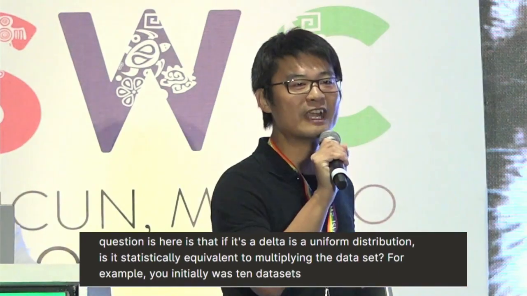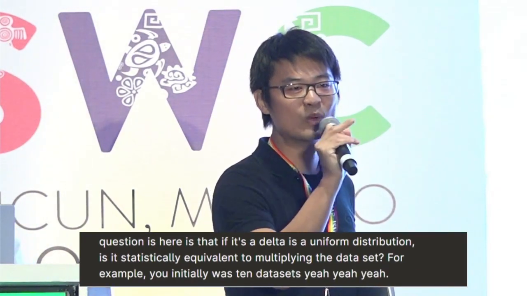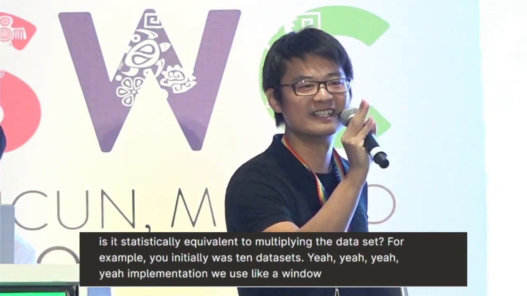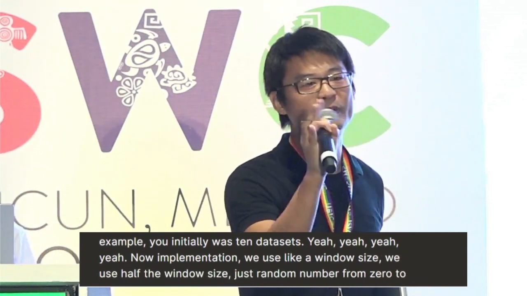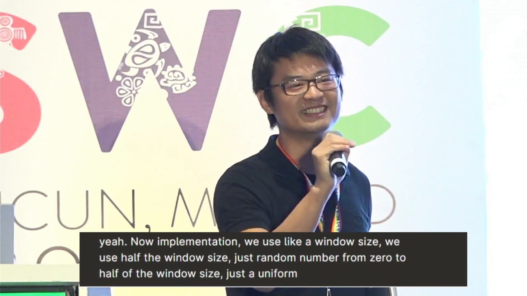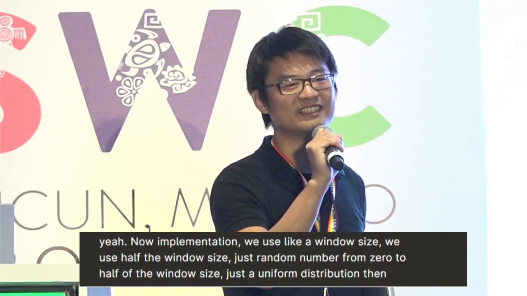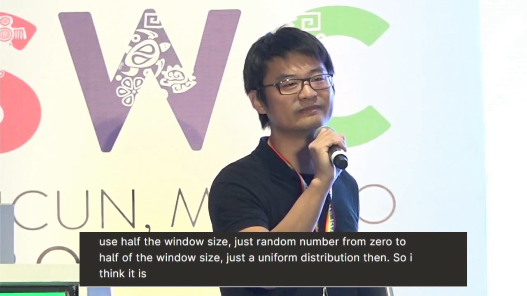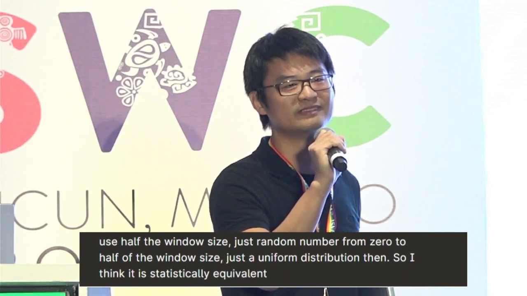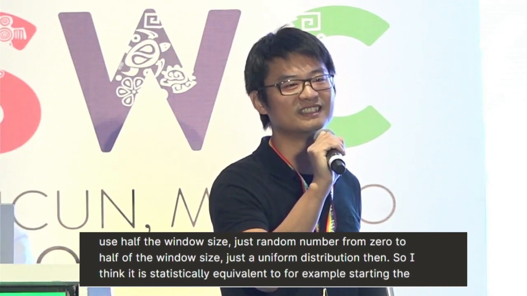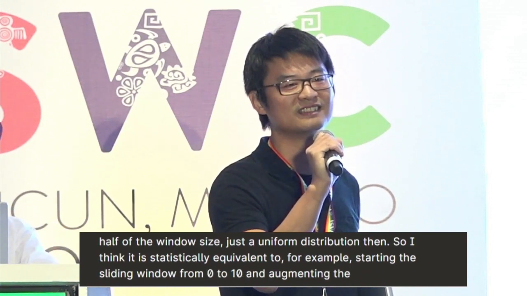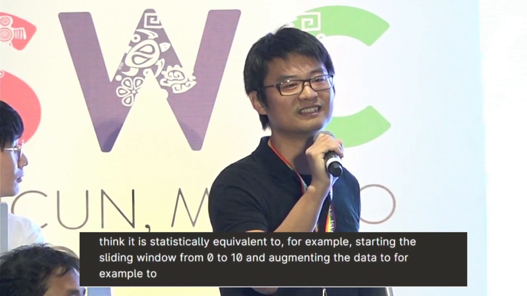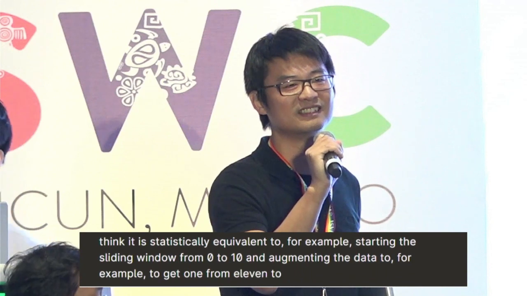In our implementation, we use half the window size, a random number from 0 to half the window size, just a uniform distribution. So I think it is statistically equivalent to, for example, starting the sliding window from 0 to 10 and augmenting the data, to get 1 from 11, 2 from 12, and something like that.